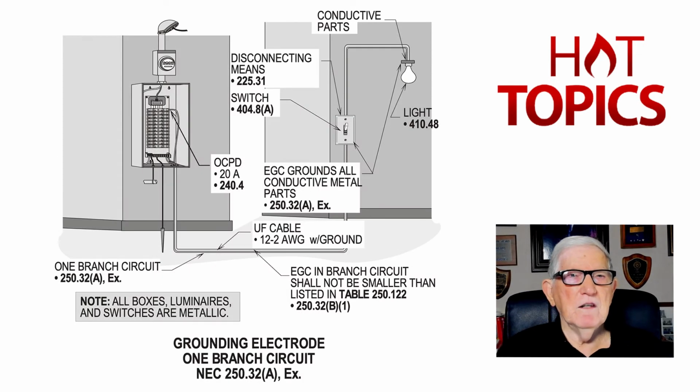Now, the next thing that we would want to look at, in the exception to 250.32(A), you could run a branch circuit over and use the equipment ground to ground everything in the building back to the earth ground in the main building. And of course, you know, in Article 100, a branch circuit defined could be 1 ungrounded conductor and a neutral, 2 ungrounded conductors and a neutral, or 3 ungrounded conductors and a neutral.